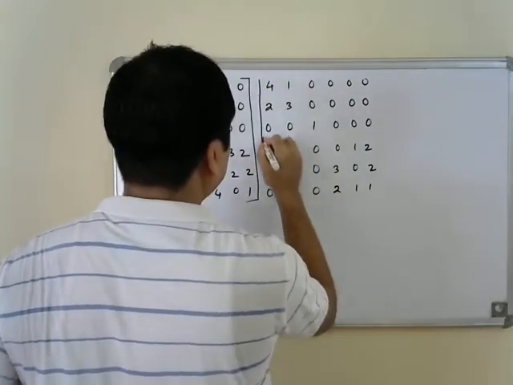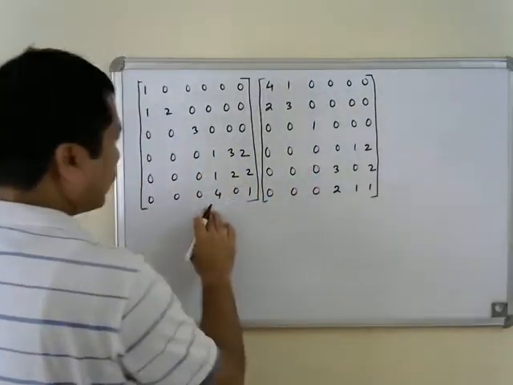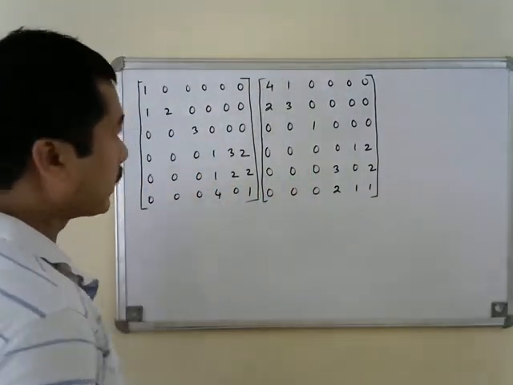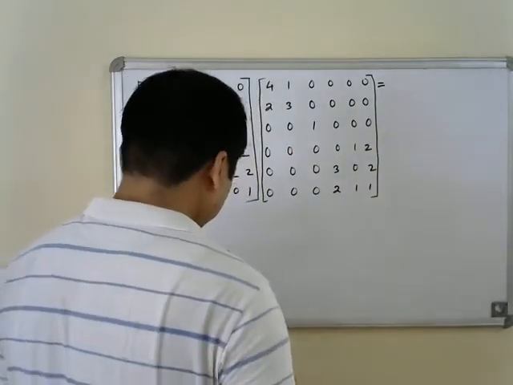So this is the second matrix, and when we multiply this matrix with the second matrix over here, the result that we get is equal to this.